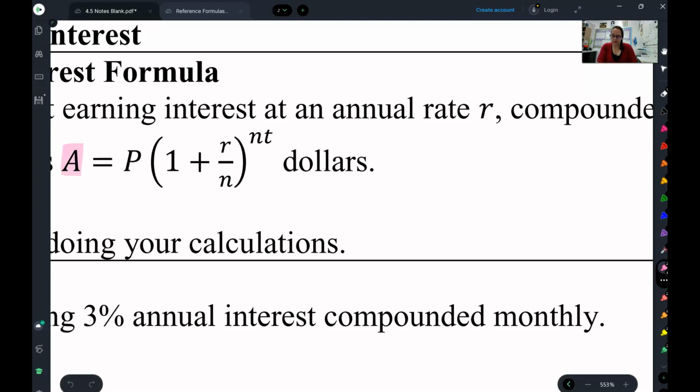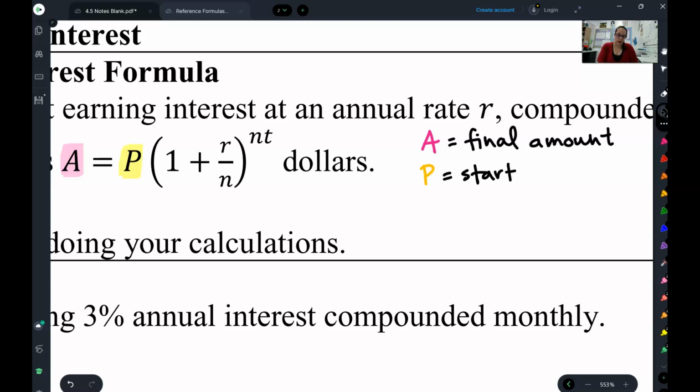This first letter we have right here is A. A stands for the final amount of whatever you have. Meanwhile, P stands for the starting amount of whatever you had. So whatever you start with, we put in for P. That's basically the principal.